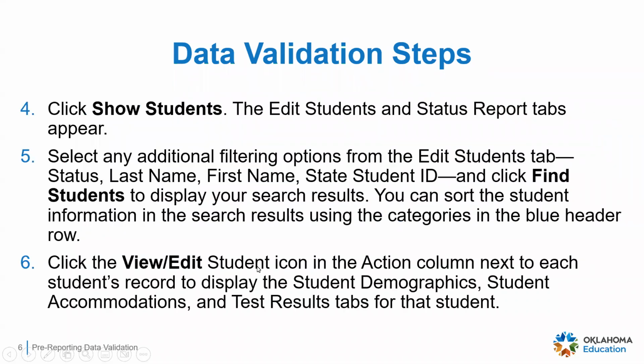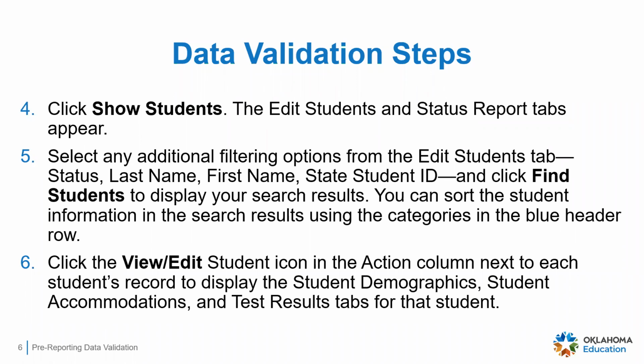Okay, after you click Show Students, it'll say Edit Students, and you'll go to the Status Report, and tabs will appear. You'll select any additional filtering options from the Edit Student tabs, like status. You can choose from status, last name, first name, or state student ID, and click Find Students.